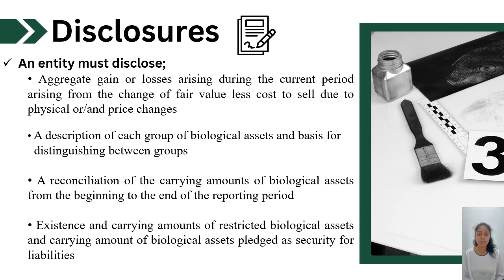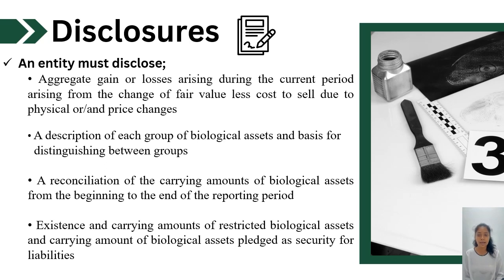The reconciliation should consist of loss or gain from the fair value less cost of sales, increase due to purchases and business combinations, decrease due to harvest and biological assets held for sale, and also due to other factors.